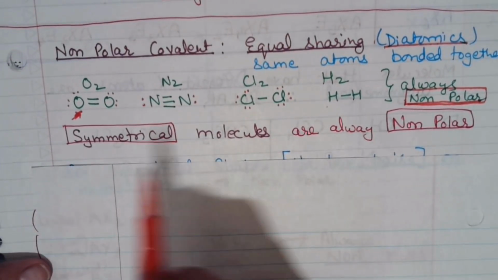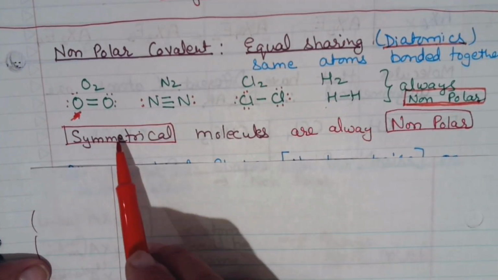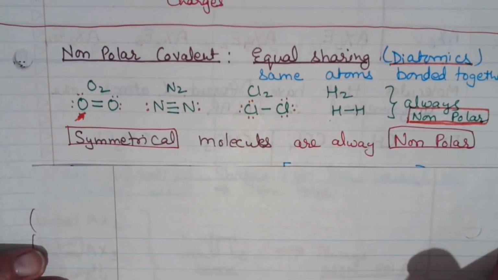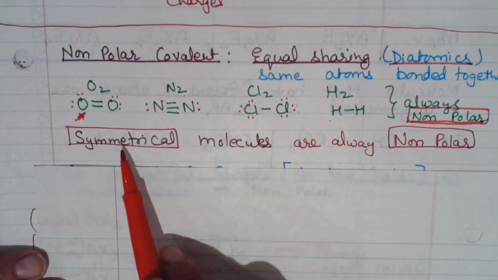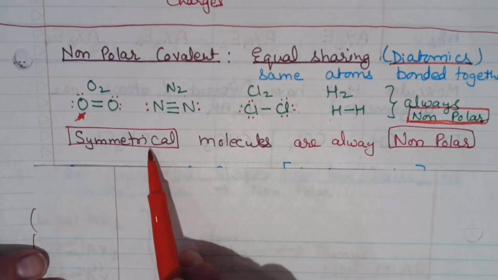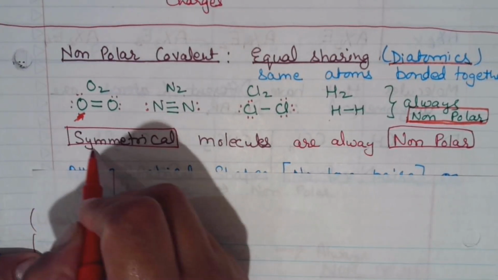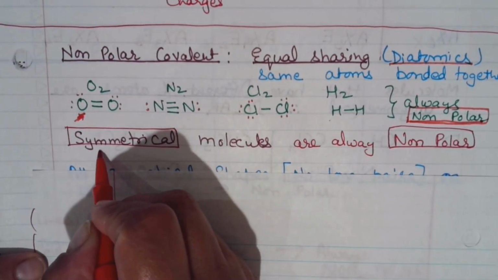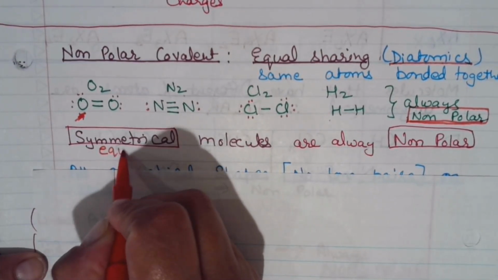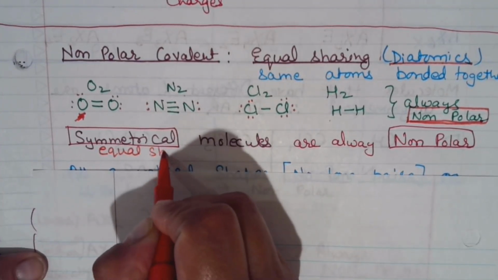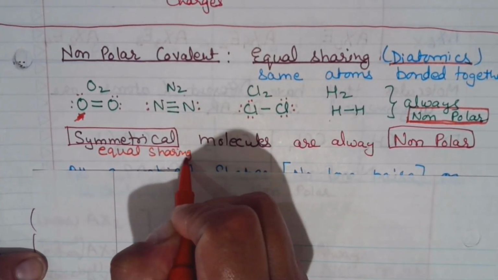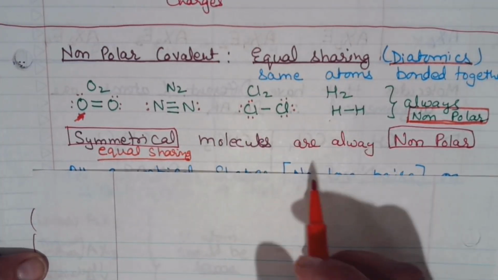And always remember, these molecules are always symmetrical, right? Any molecule that is symmetrical, where there is equal sharing, what do we mean by symmetry or symmetrical molecule? It means the sharing is equal between the 2 atoms that make the covalent bond.